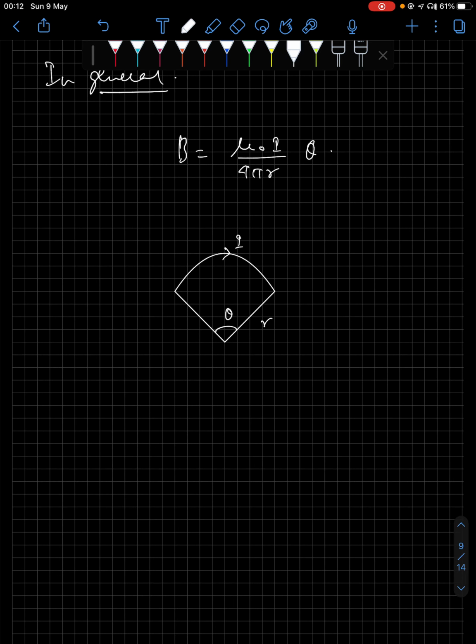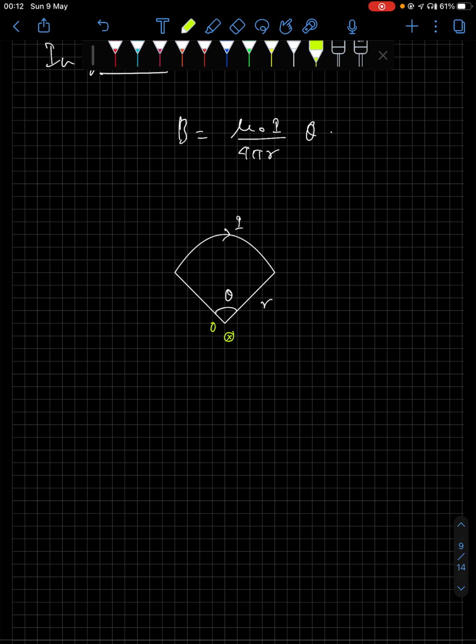So in this situation, if you place the thumb along the direction of the current, then you will see that the fingers tend to enter through this. In that case, the direction of the magnetic field is inside the display. Okay, below the wire it is inside. So if you need to find out the magnetic field at this center O due to this current I, then B will be mu naught I by 4 pi r.